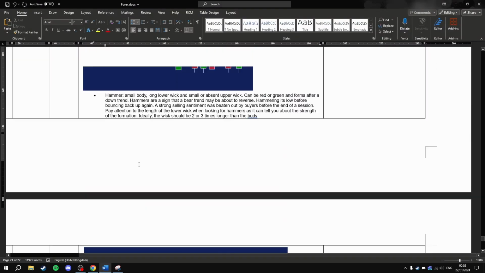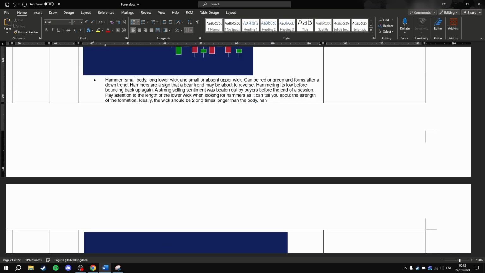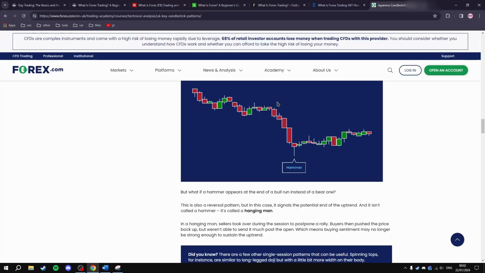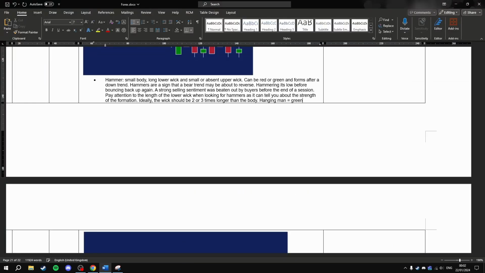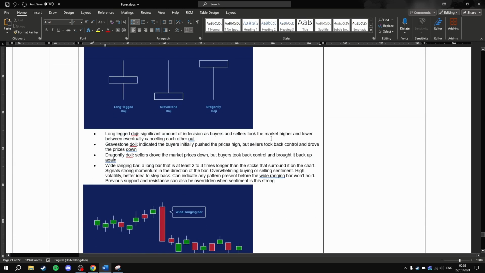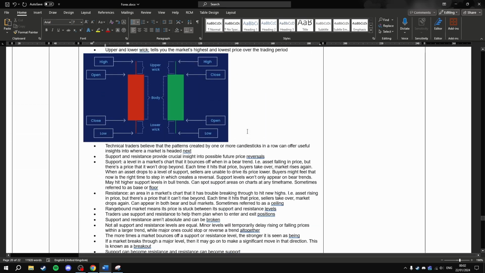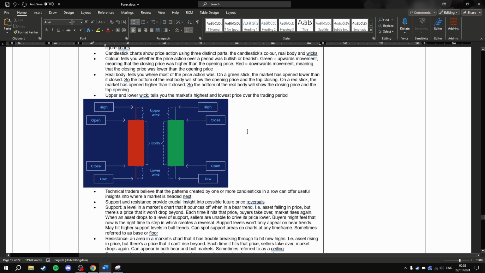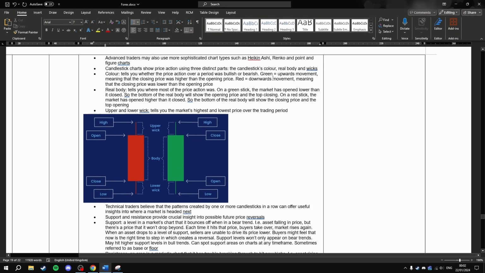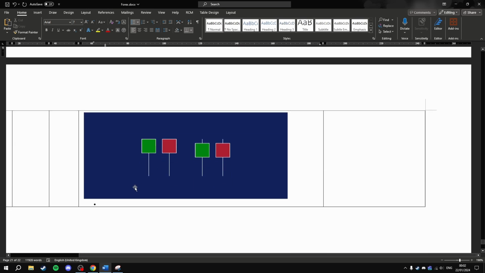A hanging man would look green. Hanging man appears at the end of a bull run, because green instead of red.